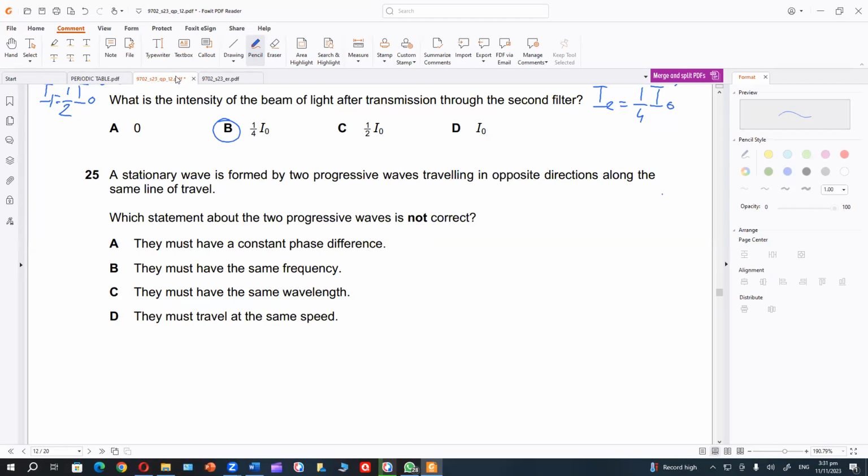Now, this is again a concept to remember: constant phase difference means coherence.